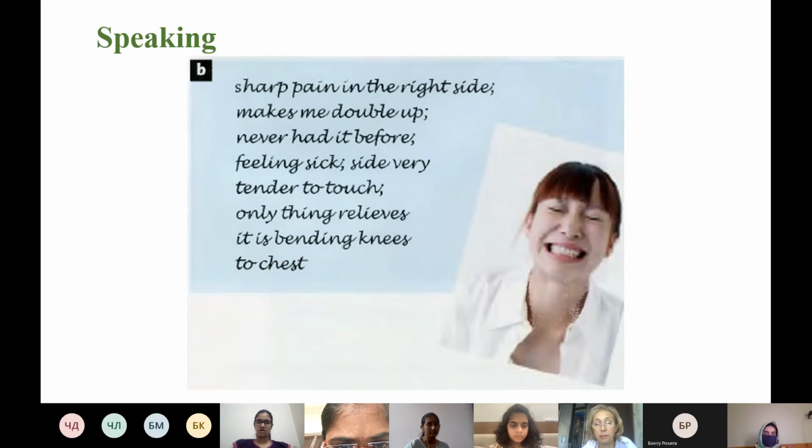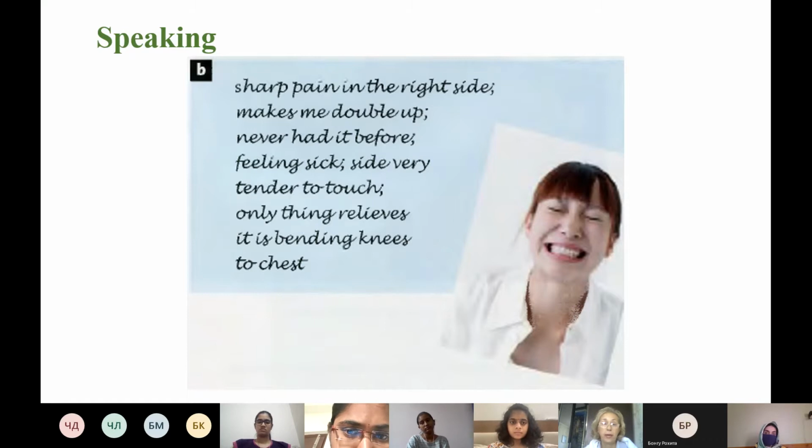Okay, I think it relates to stomach, yeah. Appendicitis? Yes, appendix, exactly. Appendicitis. Yes. Or some kind of ureteric colic, if it is like this.